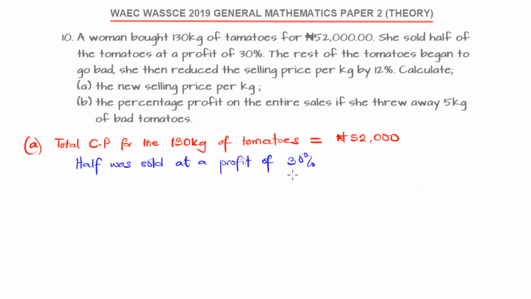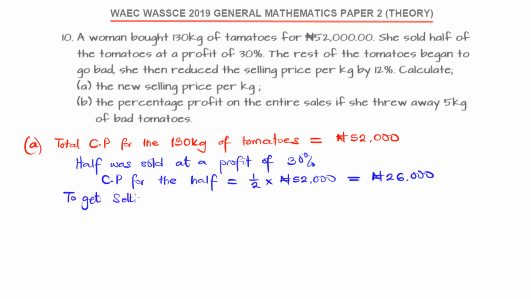For that half, the cost price will be half of 52,000 naira, because it is half. So that's half of 52,000 naira, and that will be 26,000 naira. So first, we are talking with half of 130, which is 65 kilograms. So the cost price for that half is 26,000 naira.